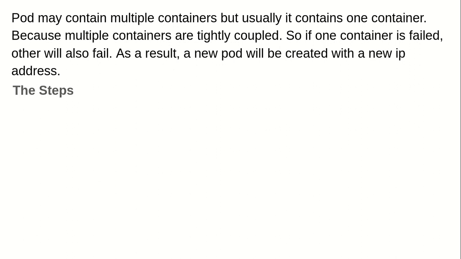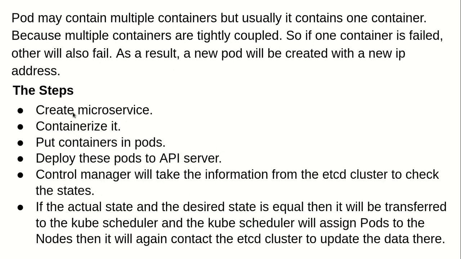All right. So some of the steps. First of all, create a microservice, then containerize this microservice, make the containers of it, and then put the containers in pods. All right, and after that, deploy those pods to the API server. Then the API server will send the data to the controller manager, and the controller manager will take the information from the etcd cluster, or from the API server, to check the states.